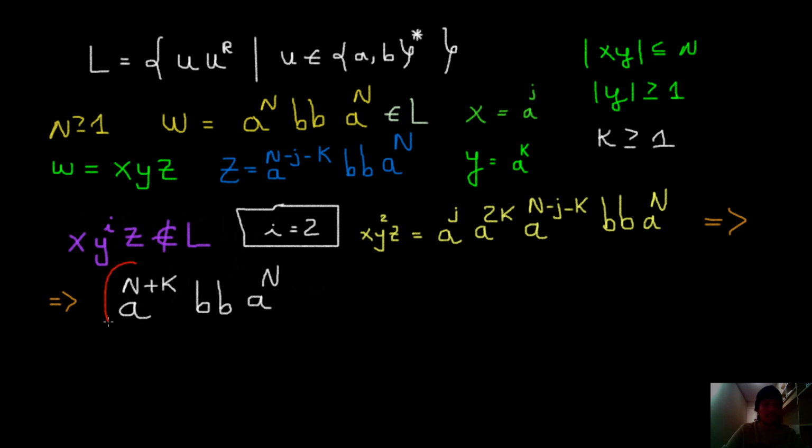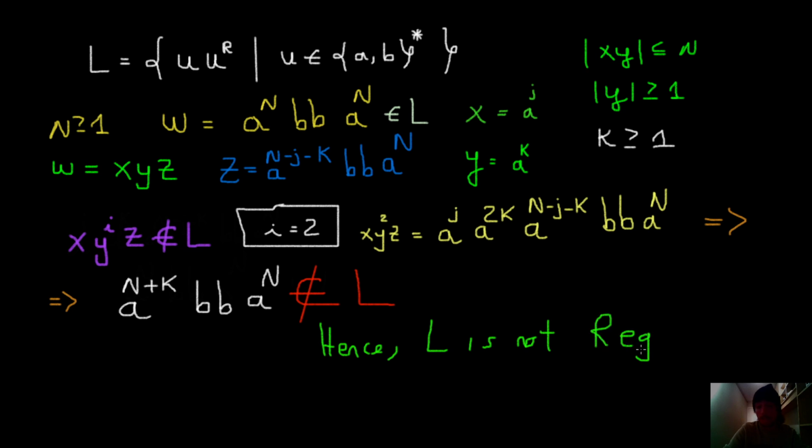So here we have a number of a's that is greater than this number of a's. So we conclude that this word does not belong to the language L, right? This word does not belong to the language L, and hence, with this, we prove that L is not a regular language, which is the same. L is a non-regular language.